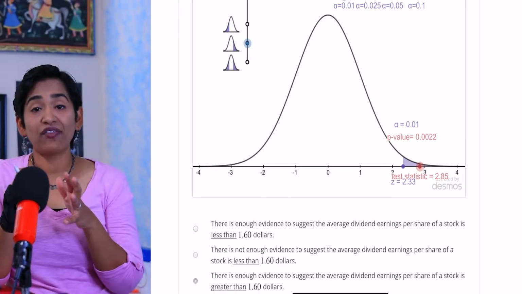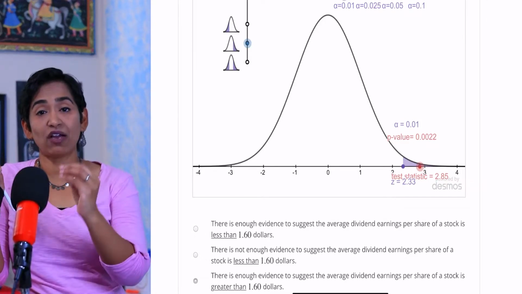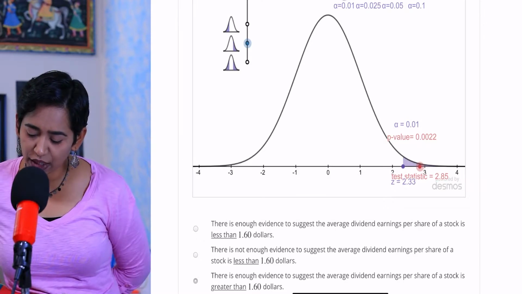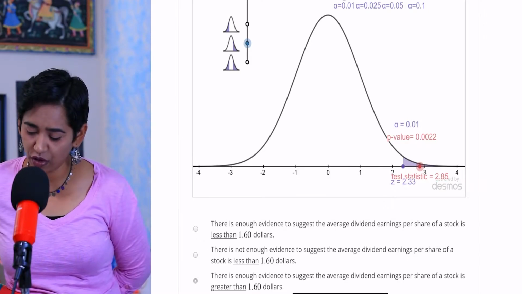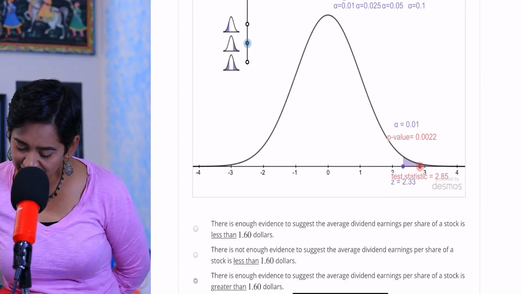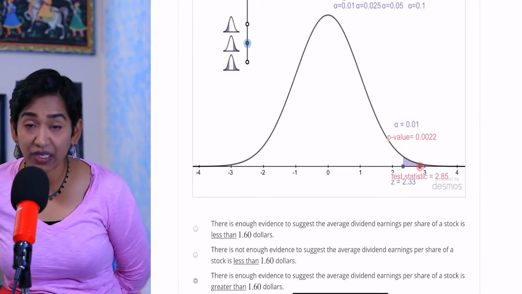So once you have this, you need to go ahead and take down the p-value. So based on this one, look what my p-value is, 0.0022.